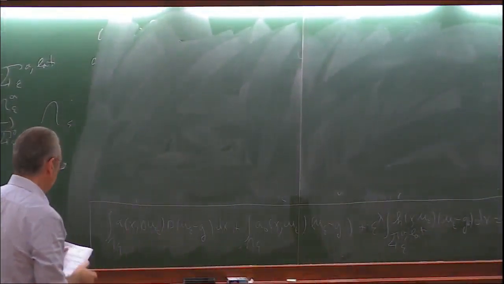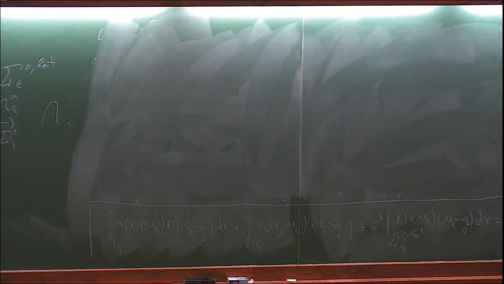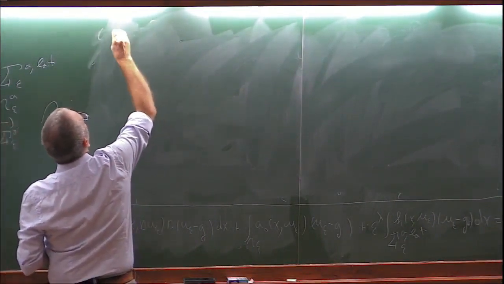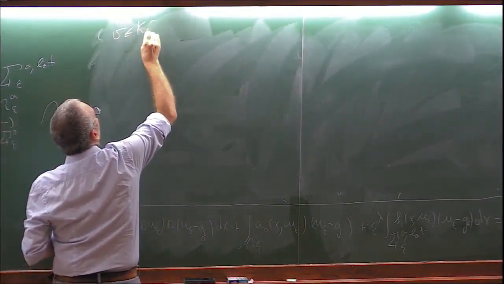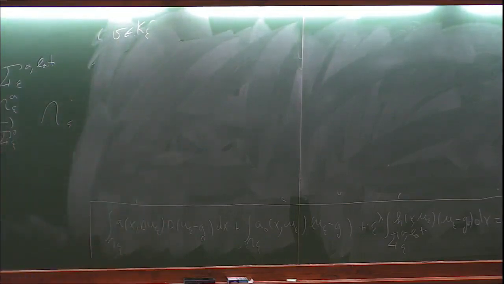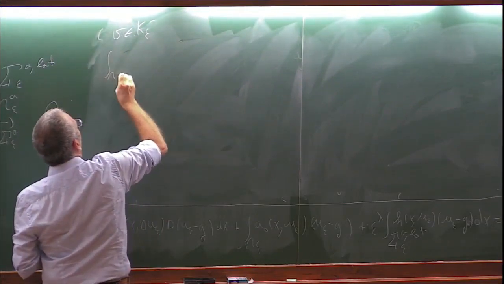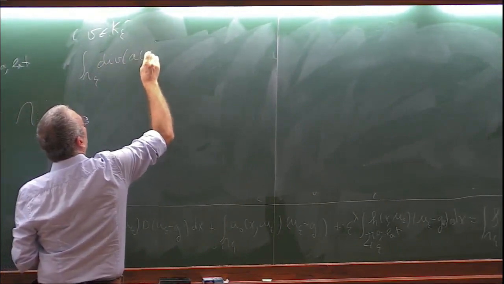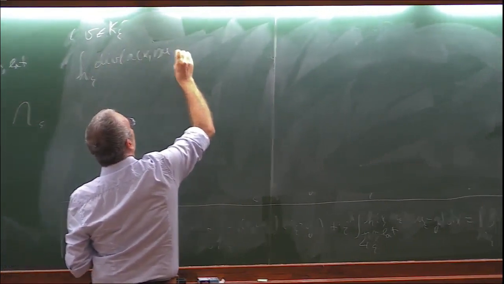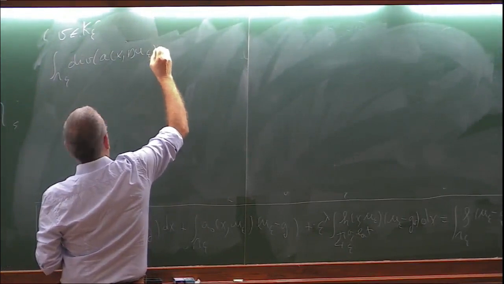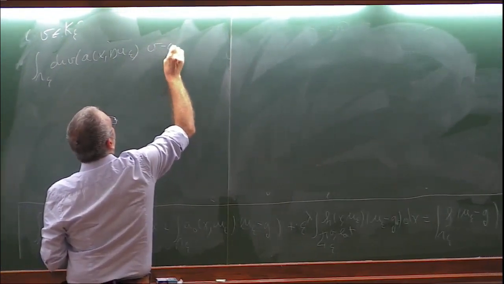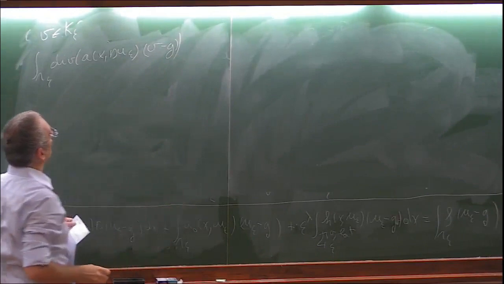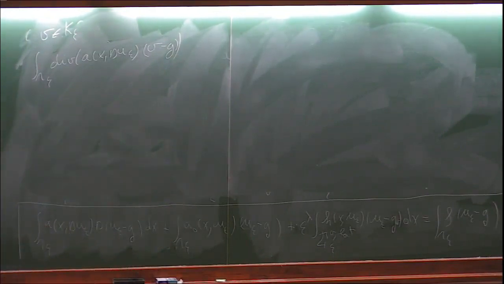Now, let us take v in this space, v in K epsilon. And let us start from this point: the integral on omega epsilon of divergence of A of x gradient of u epsilon times (v minus g). Okay?